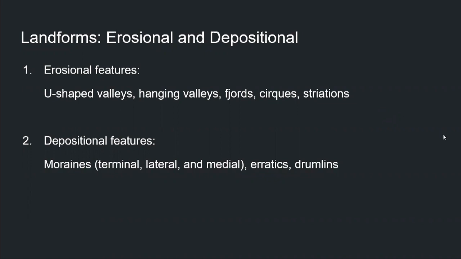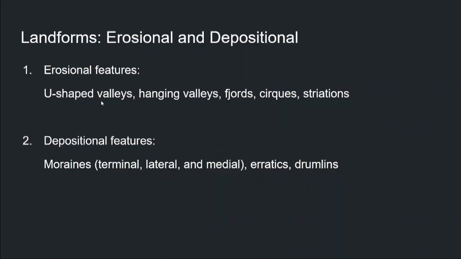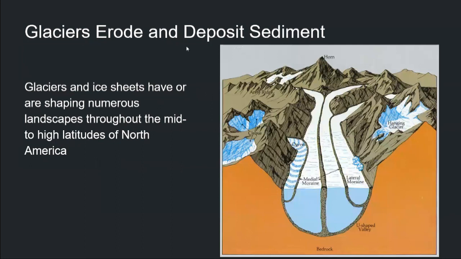So we're going to first focus on erosional features. The first ones: U-shaped valleys, hanging valleys, fjords, cirques, and striations. Actually, we're going to first talk a bit about moraines and how moraines are created.